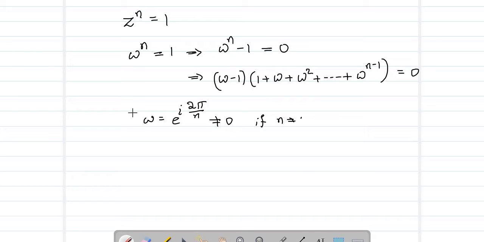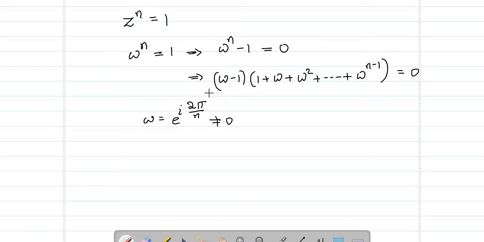What is e power i 2 pi? That is going to be 1, right? So whatever value of n you take, you can see that this is never equal to 0. So then definitely omega minus 1 is not equal to 0.